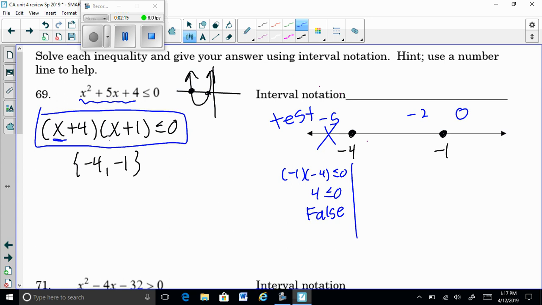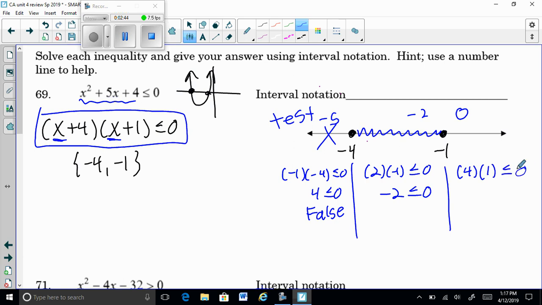Now we'll try plugging in -2. -2 plus 4 is +2, and -2 plus 1 is -1. Is that less than or equal to 0? You get a negative number, and negative numbers are less than or equal to 0, so you shade between right there. Then we'll try 0. If you plug in 0, you get 4 times 1.